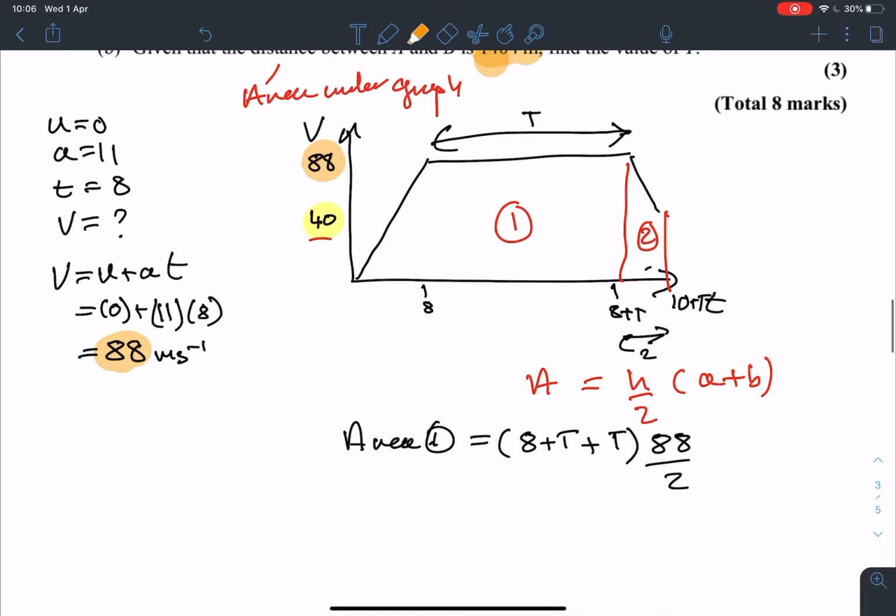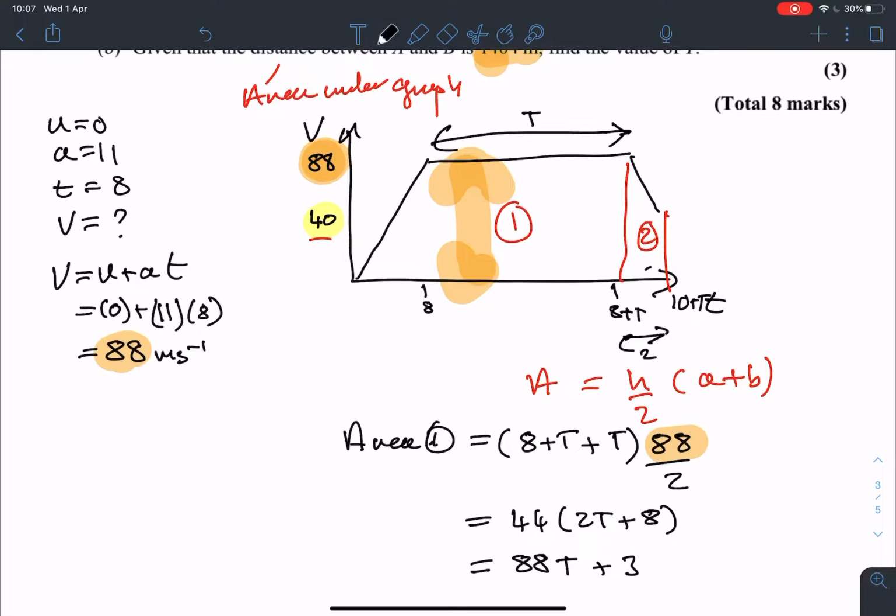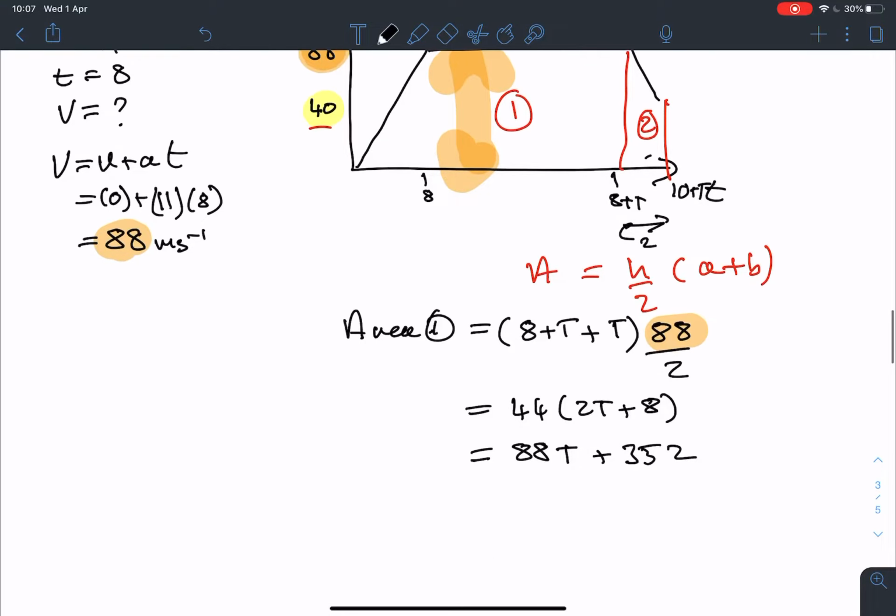The 88 coming from here on the diagram. So we now have 44 times (2t plus 8), which is 88t plus 4 8s are 32, so 320 plus 32 is 352, I think. 320 plus 32 is 352, check.